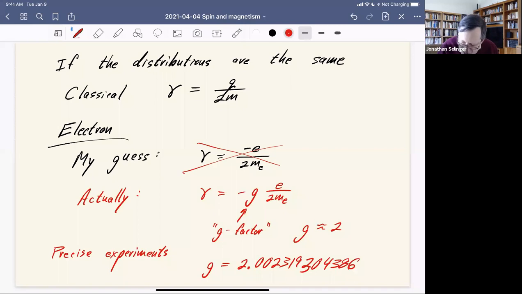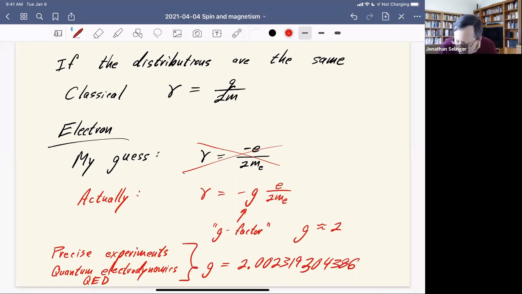And this has also been calculated through a more advanced version of quantum mechanics called quantum electrodynamics, abbreviated QED. That's something you may learn in a more advanced course, but you're not going to learn from me.